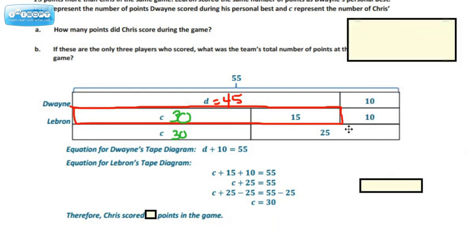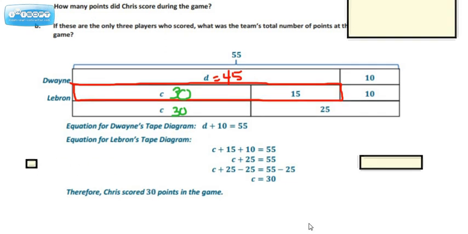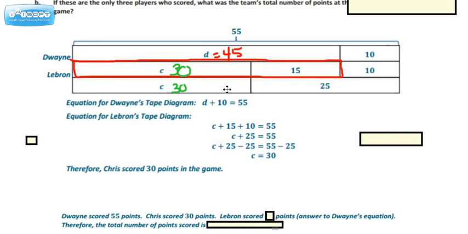Now, if you're just looking at this as being equal to 45, your equation would be something like, some number plus 15 equals 45, and that equation would work as well. So here's what we know. We know Chris scored 30 points. And then if we're going to take the points that they each scored, so LeBron, what we're coming up with in this game anyway, if we're just looking at the red box, we have to say that he came up with the 45 points because we're not looking at the 10 points.